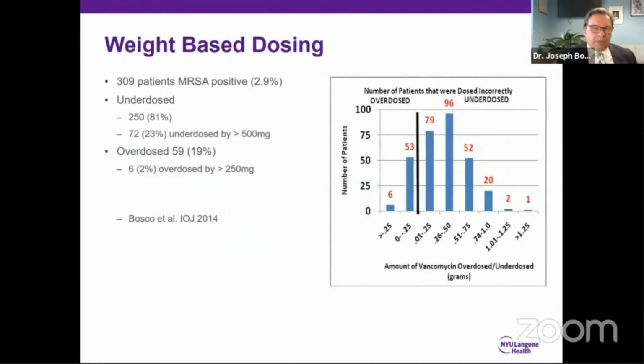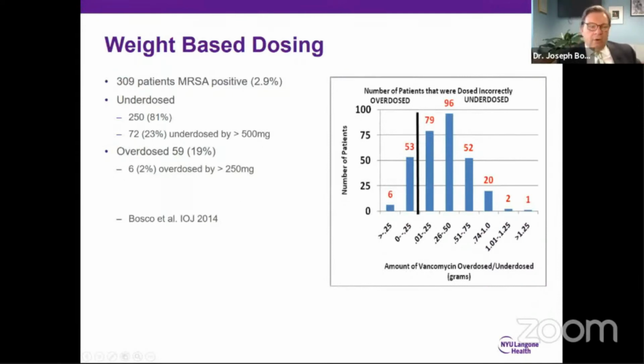So we looked at over 300 of our patients that were MRSA positive. We give them all 1 gram of vancomycin before surgery. How many patients are we underdosing and how many patients are we overdosing? We found that 81% of our patients we were underdosing, looking at weight-based nomograms, and overdosing was about 20%.